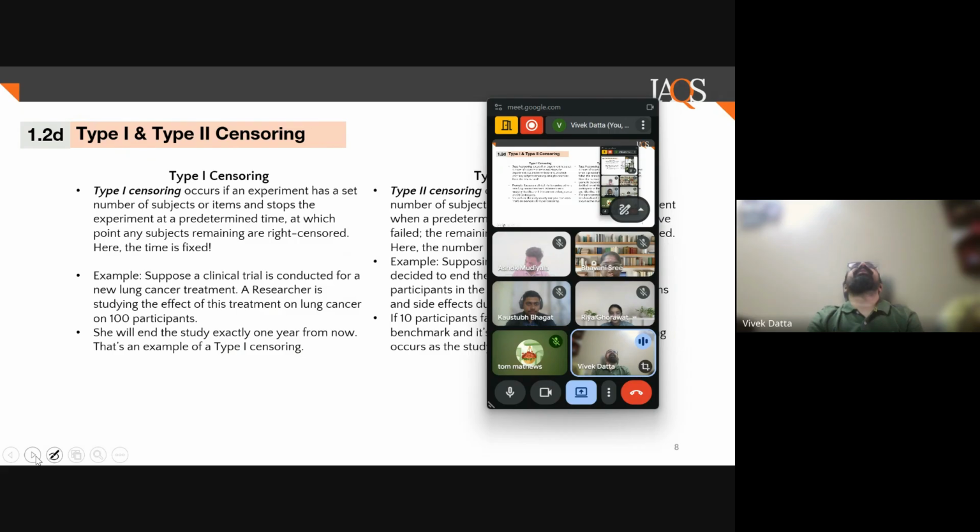Now, type 2 is, for example, if I design this course to be very tough, and because of that, in the first sem only, in 3-4 weeks only, 20 people enroll and 10 people leave.